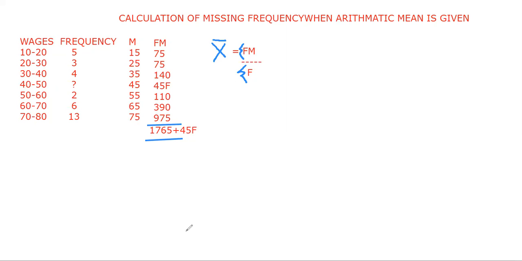Once I put the values in the formula, the mean was already given in the question, and that was 52. Very good, I'm getting the answers already in the chat box.